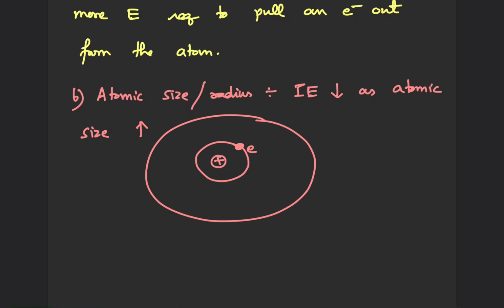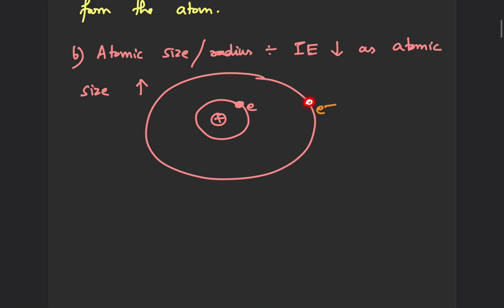So initially, let's say the electron was here, and then we are comparing it with another atom whose outermost electron is here. It has a bigger size. Okay, so as the distance of outer electron from the nucleus increases, attractive force on outer electron decreases. So this electron experiences more attractive force from the nucleus compared to this electron. So therefore the outer electrons are held less firmly. So this is held less firmly compared to this guy, and hence an even lesser amount of energy is required to knock this guy out compared to this guy.